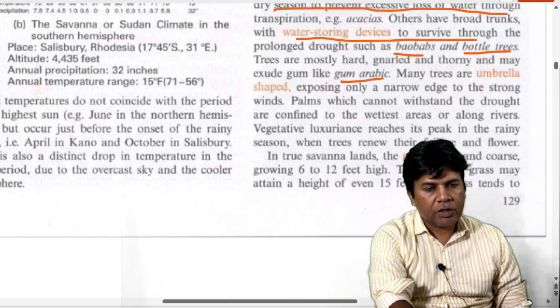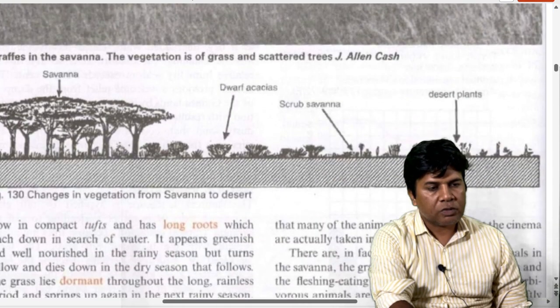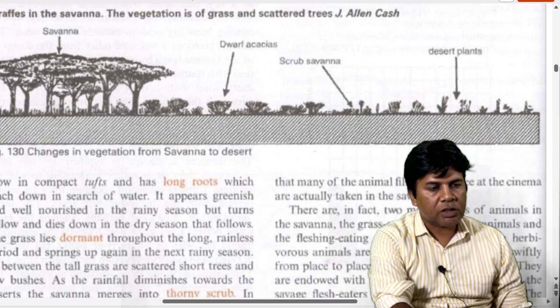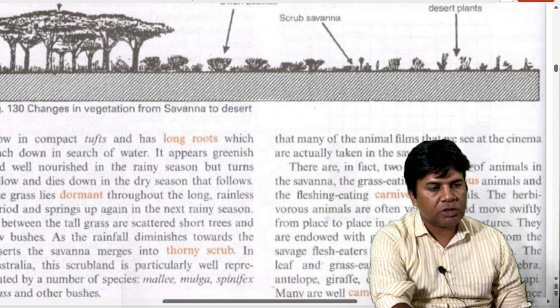So the grass tends to grow in a compact tuft and has long roots which reach down in search of water. It appears greenish and well nourished in the rainy season but turns yellow and dies down in the dry season that follows. The grass lies dormant throughout the long rainless period and springs up again in the next rainy season.